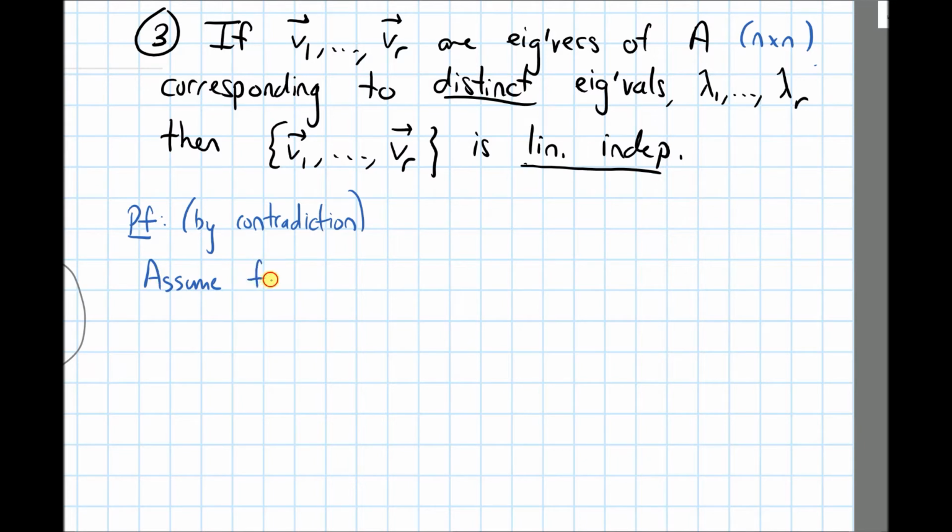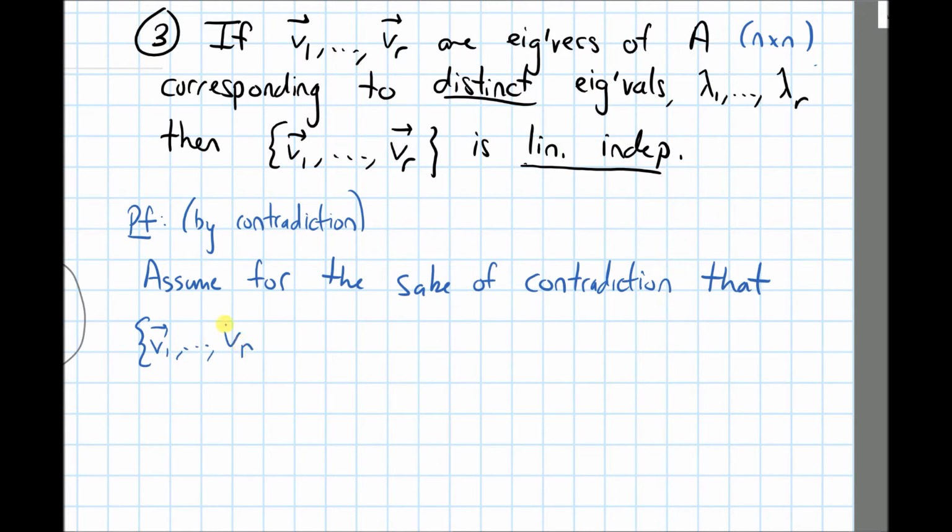So assume, for the sake of contradiction, that... what's the opposite of what we want to show? I want to show these vectors are linearly independent, so let's assume that they are linearly dependent. Assume that the set v1 up until vr is linearly dependent.